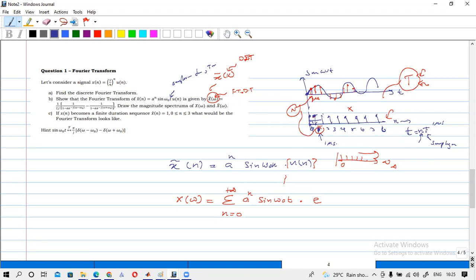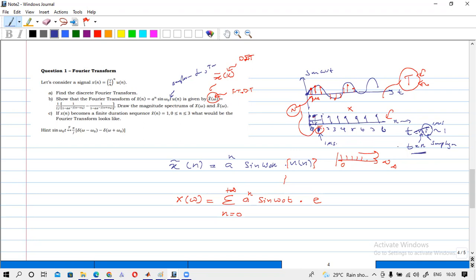Otherwise we have to assume that this 1, 2, 3, 4 are equal to the sampling period also. So this t, I just get directly equal to n. That means I assume that the sampling period is equal to 1. That is my assumption.